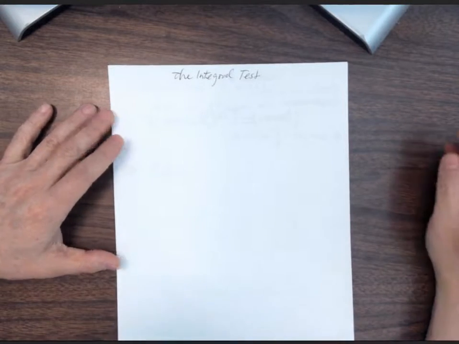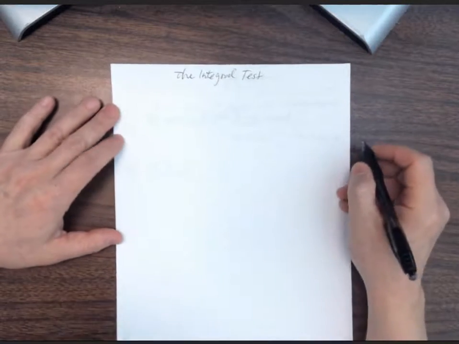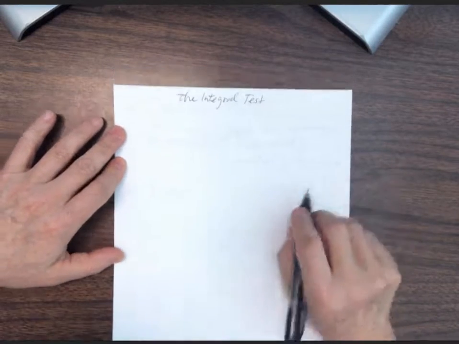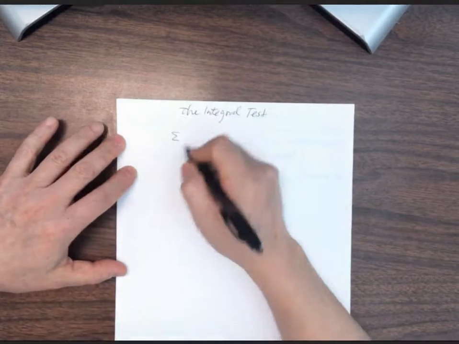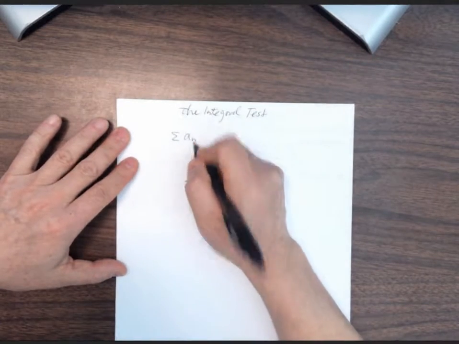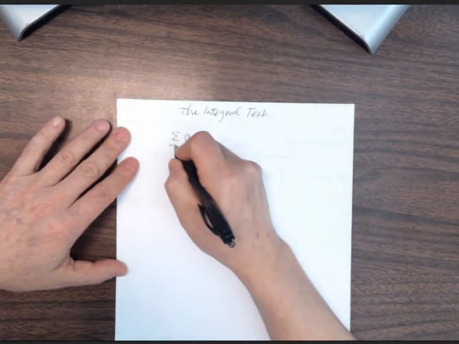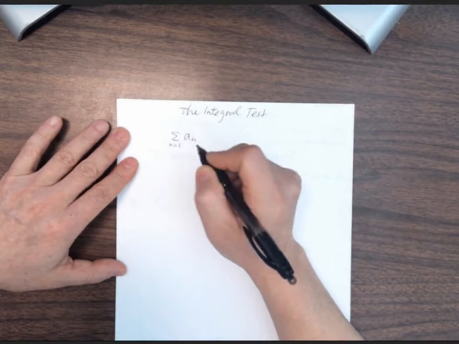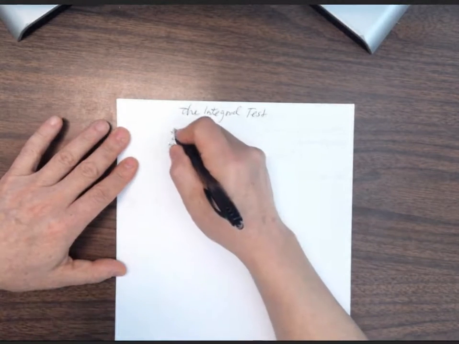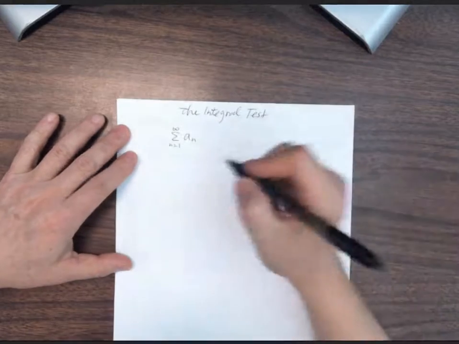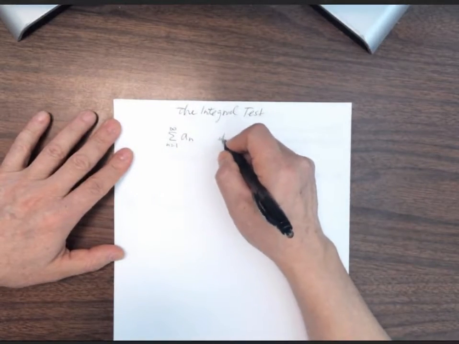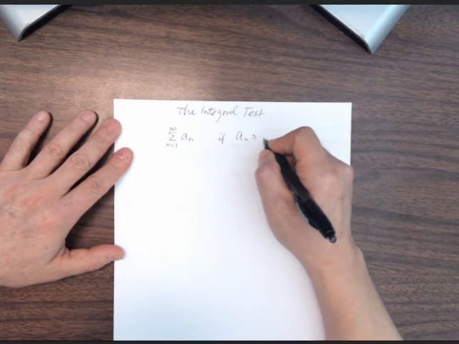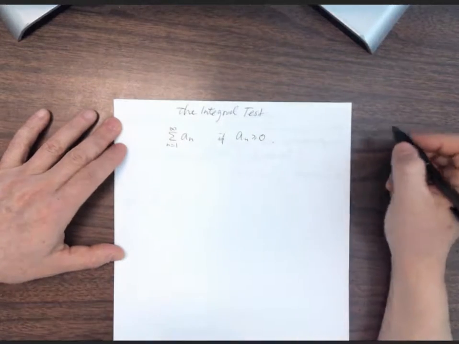In this video, we investigate convergence or divergence of what's called a positive series. Infinite series sigma a sub n from 1 to infinity is called a positive series if all the terms in the sum are positive.